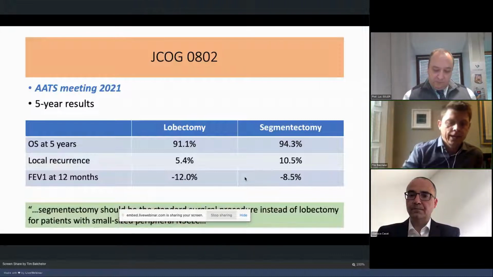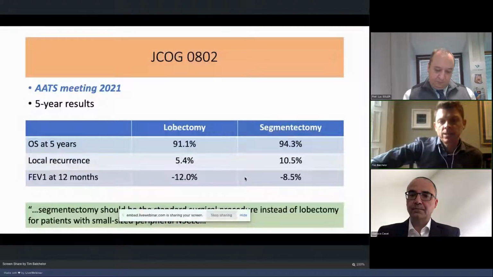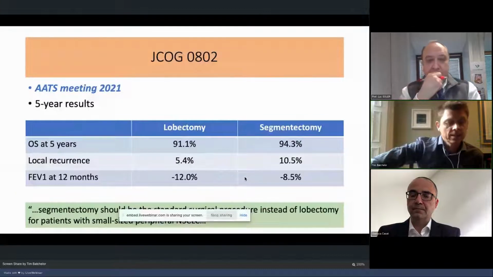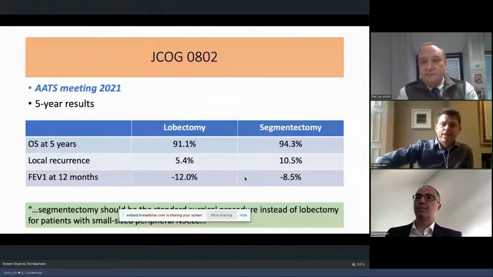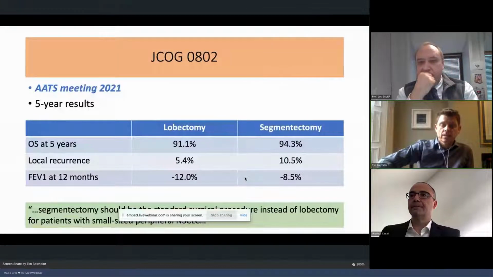Anyway, the authors concluded from this that segmentectomy should essentially be the standard procedure instead of lobectomy for small peripheral non-small cell lung cancer. So that's quite a bold statement, isn't it? And I looked at that, and my initial thoughts were, yes, that's right. But then reflecting on the results, I'm not quite sure what to make of it.